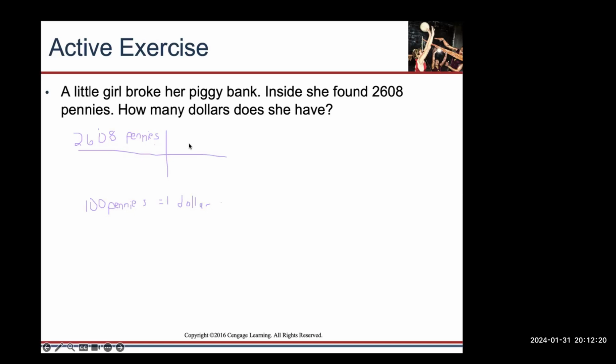So in this case, we're going to have dollars on top and pennies on the bottom so that we get rid of our pennies. So we end up with $26.08.